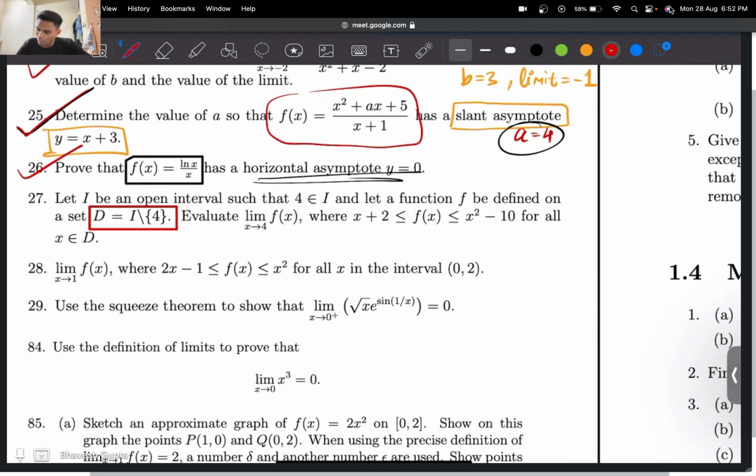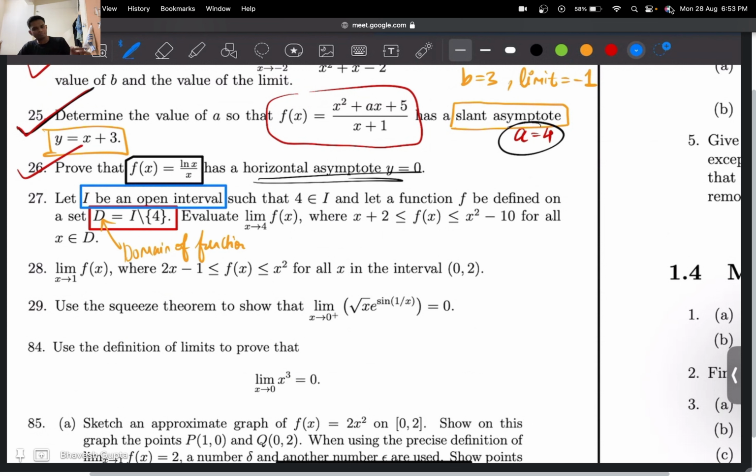Because I wanted this D set to be the domain of my function. And I is just a usual open interval, as they have written here. So you should understand the difference between D and I. I is some open interval in which 4 is included.